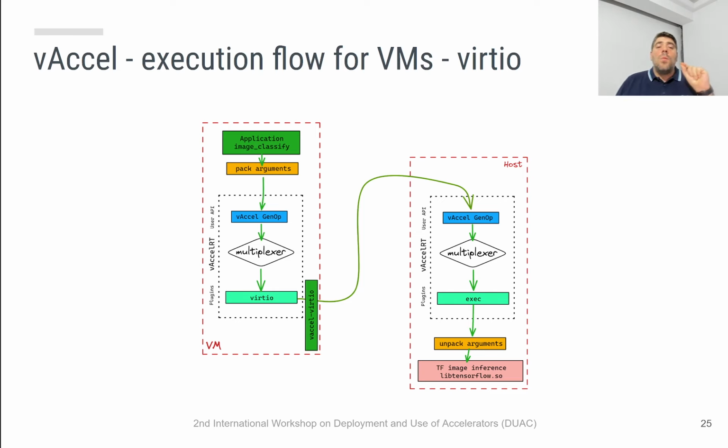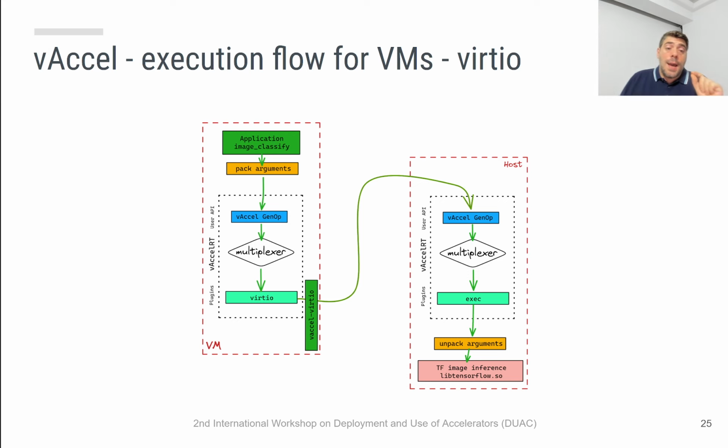Now we have built a backend for two popular VMMs, two popular hypervisors, AWS Firecracker and QEMU, and the relevant front end, the virtio module, injected on the VM kernel.